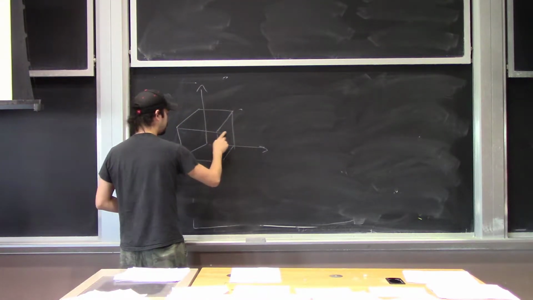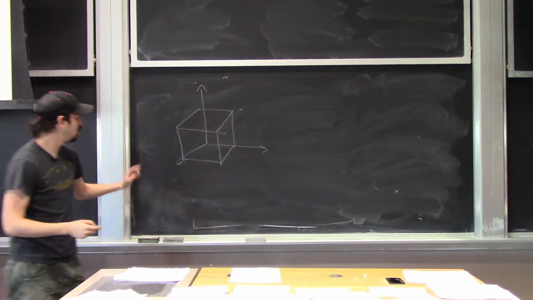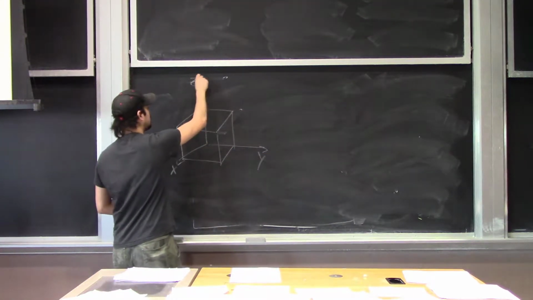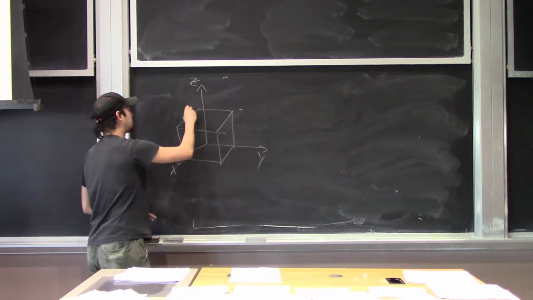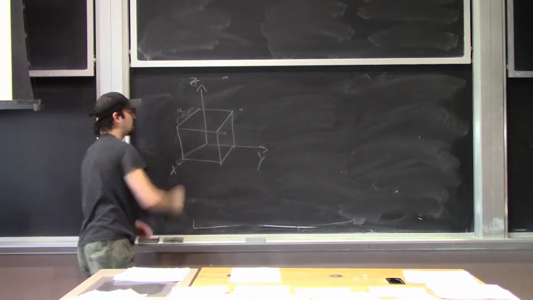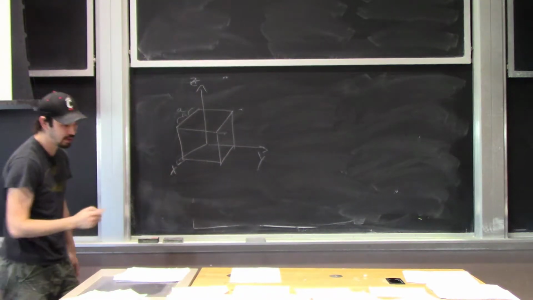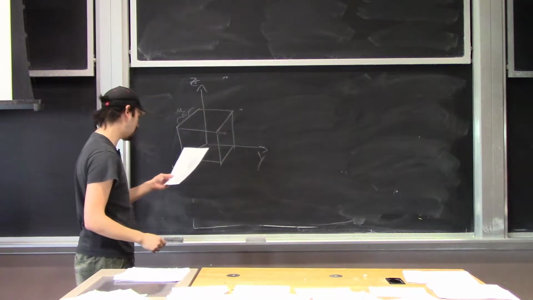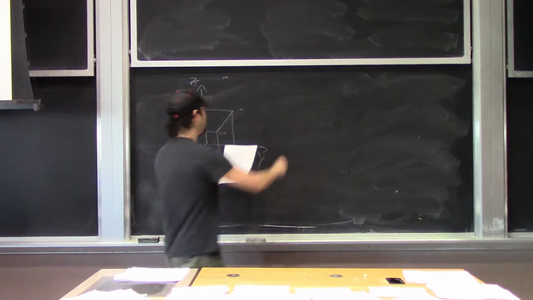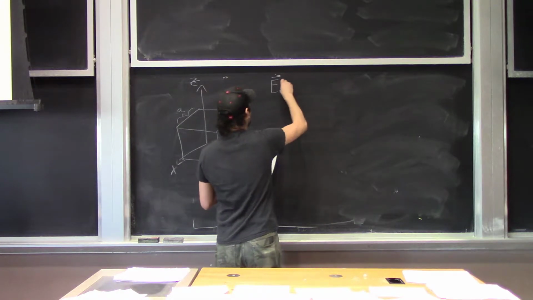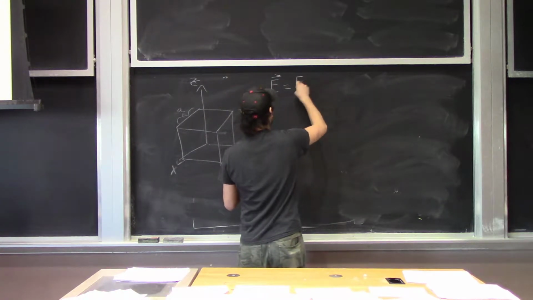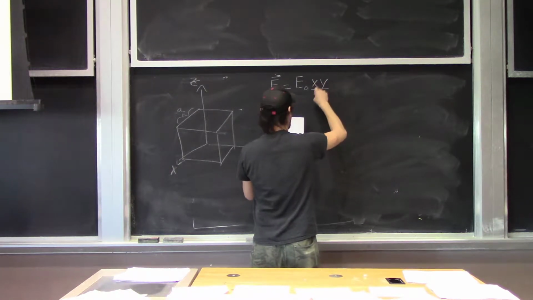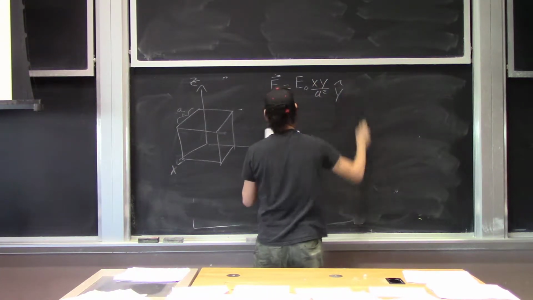So in order to do this, this is the positive x-axis, this is the positive y-axis, and the positive z-axis, and this is some cube that has sides of a. The electric field that I gave you said that E vector is equal to E0 xy divided by a squared times y hat.